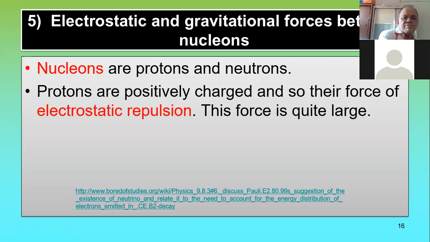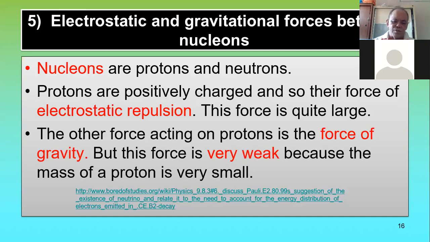Protons are positively charged, so the force between protons will be electrostatic repulsion, and the force is quite large. There's also the force of gravity, gravitational force, between proton and proton. But this is a very weak force, as we calculated earlier when we studied gravitational force. So usually we neglect that.